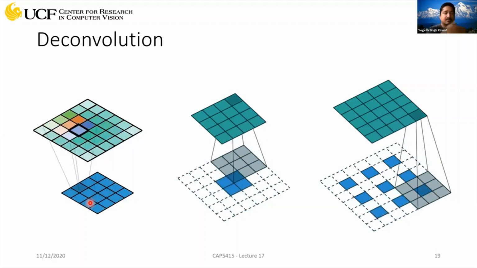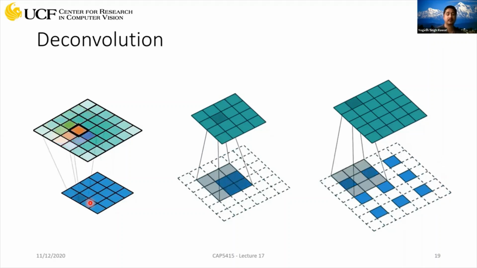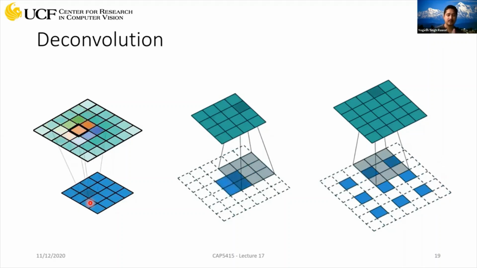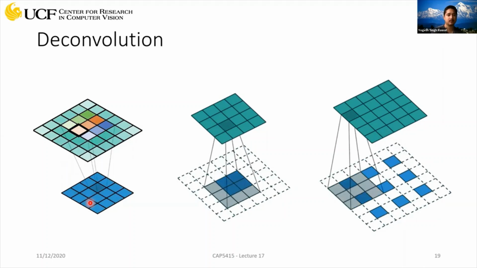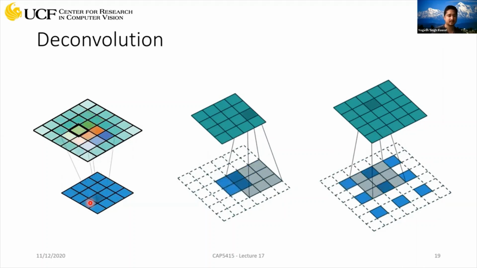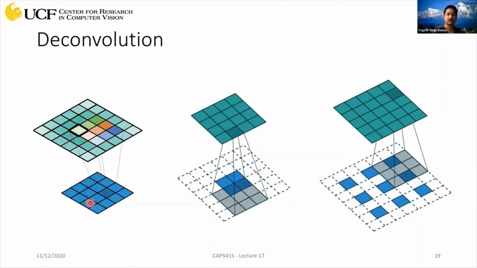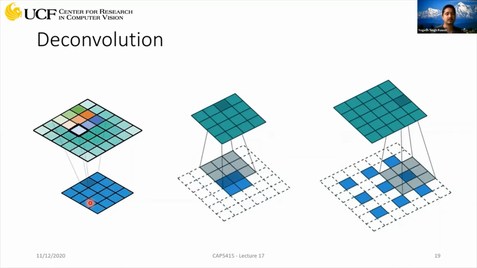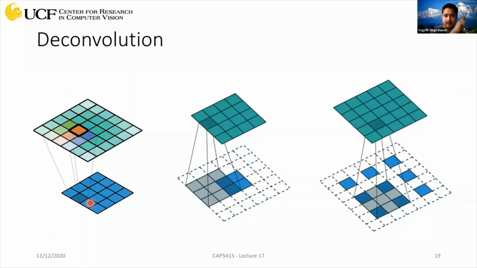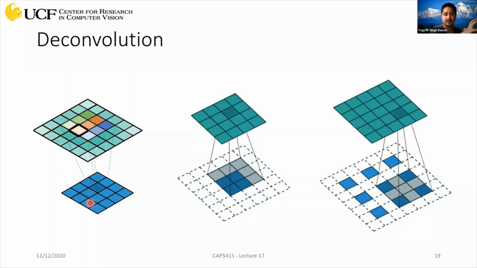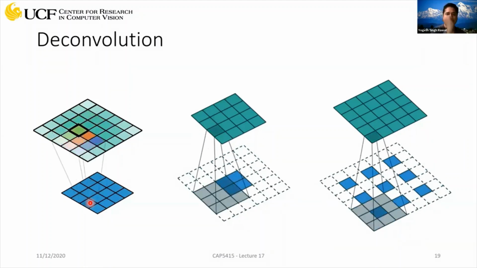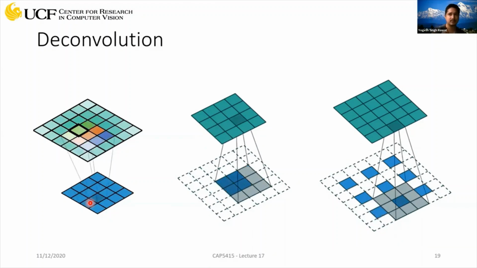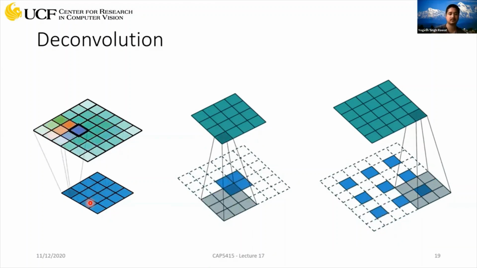It's different from convolution, where we learn a kernel for multiple pixels. For example, if you have a 3x3 kernel, you apply that 3x3 kernel to a local neighborhood of 9 pixels, and you get just one value. So that was moving from 9 values to 1 value.